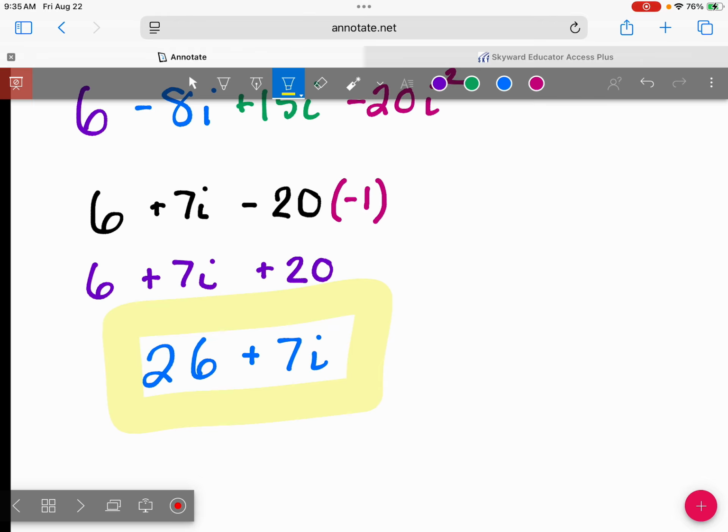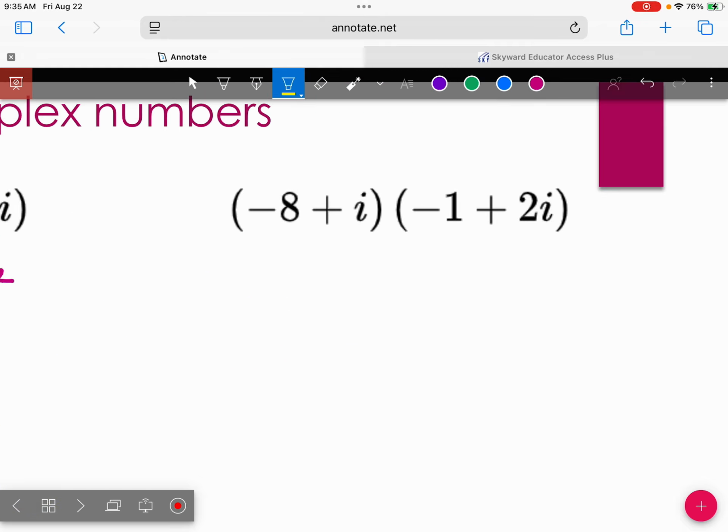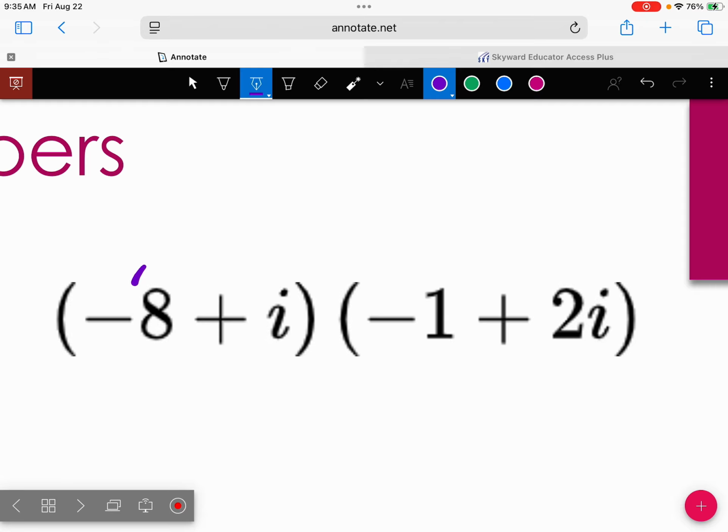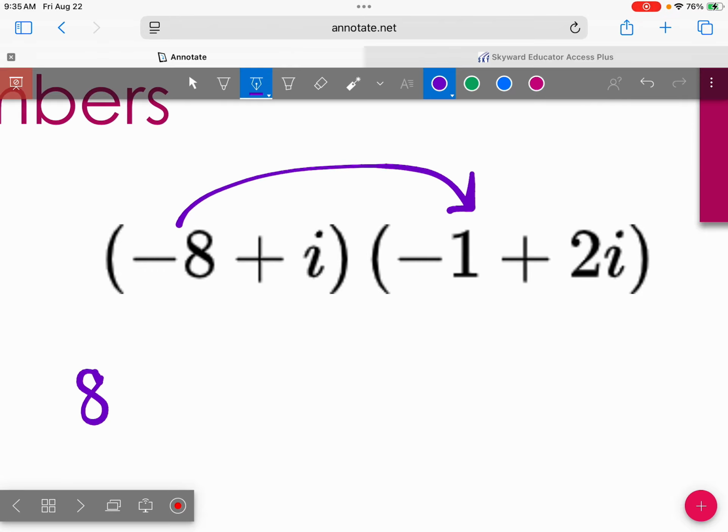Okay. The one on the right is 100% the same vibe. We're going to multiply, simplify, combine our like terms. Again, I'll do the whole thing with the full colors so you can see the whole kit and caboodle. We're going to have our minus 8 times our minus 1, giving us a positive 8.